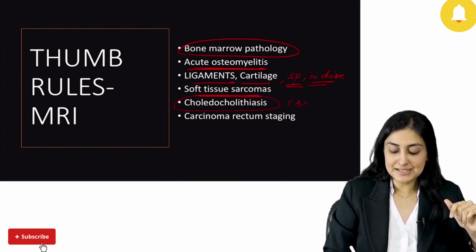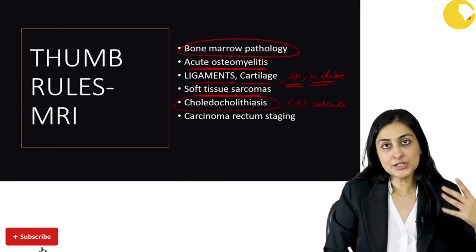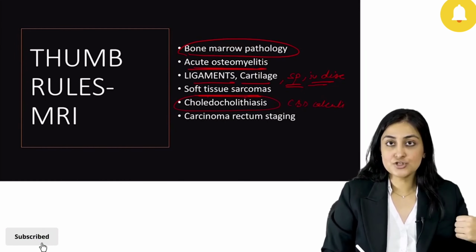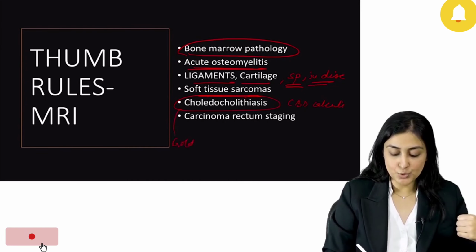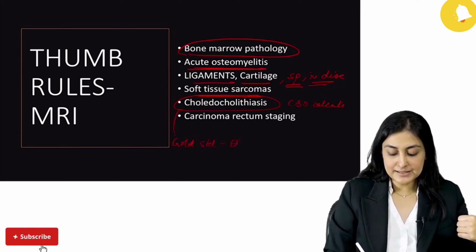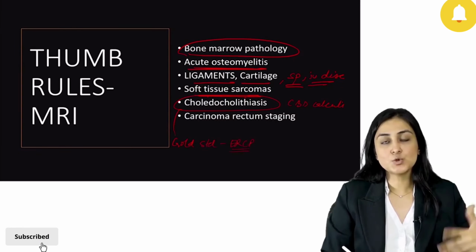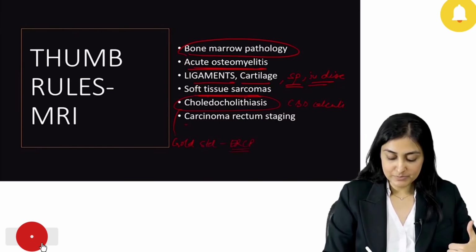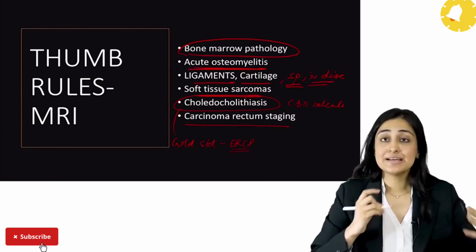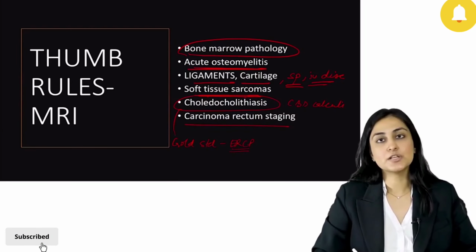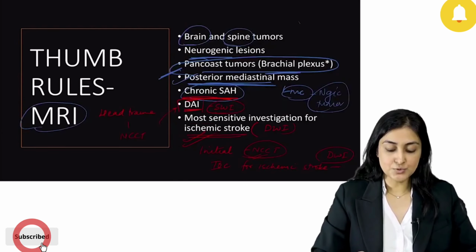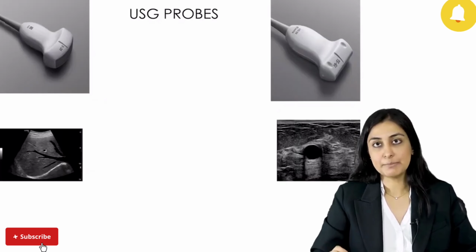So remember, for CBD calculi, again you want to rely on MRI as the investigation of choice, but here remember the gold standard is going to be ERCP, right? Because it can diagnose as well as treat. And remember one more thing, CA rectum, the investigation of choice for staging is going to be MR. So these are the thumb rules for MR that we want to remember.